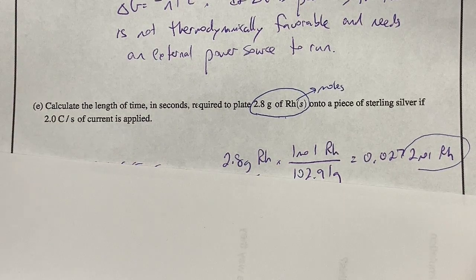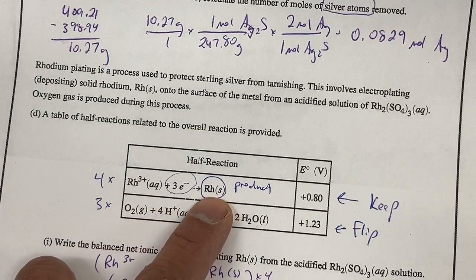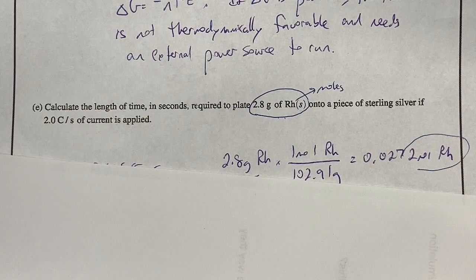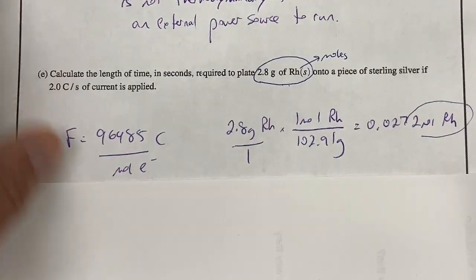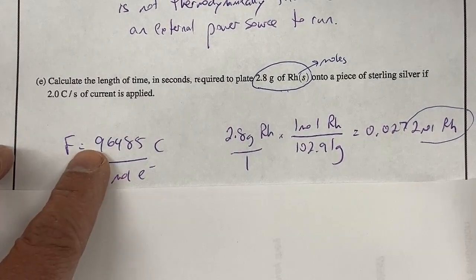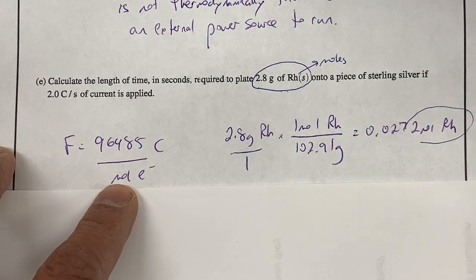And we know from our previous part here, 1 mole of rhodium, I need 3 moles of electrons. Because for every mole of rhodium, I need 3 moles of electrons. And I also know Faraday's constant tells me that I have 96485 coulombs per mole of electrons.